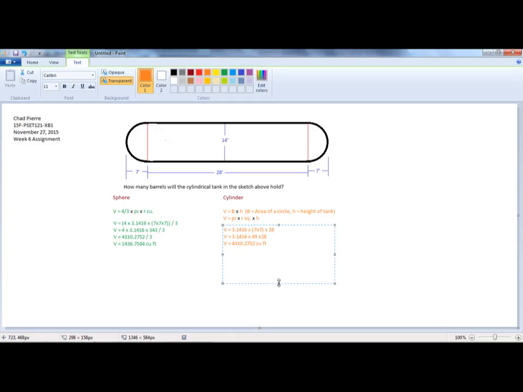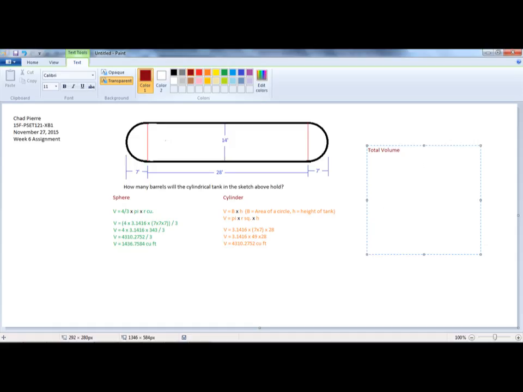So are we done yet? Do we have our total volume for our tank? Not quite. I'm going to do some basic math over here on the right. What is the total volume of our tank?